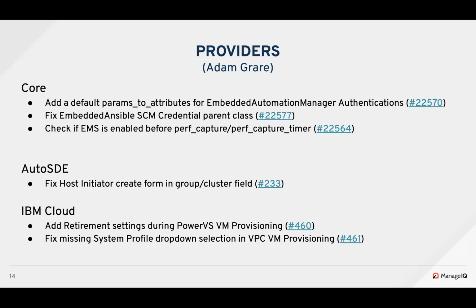So we did that in the base class. After that, we had to fix up the embedded Ansible SCM subclass so that the parent class was set properly. And so with that, we're able to save credentials on the UI and API for workflows and embedded Ansible.